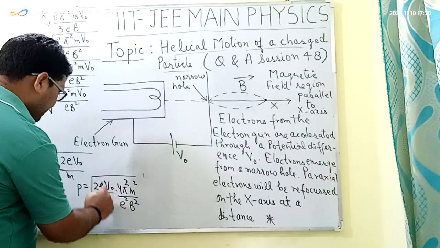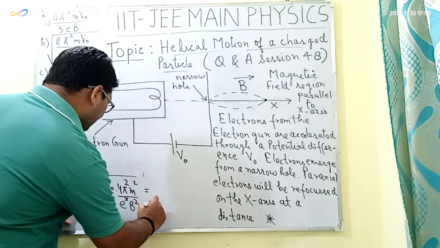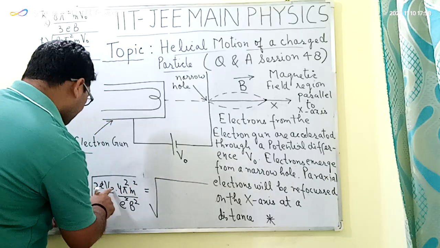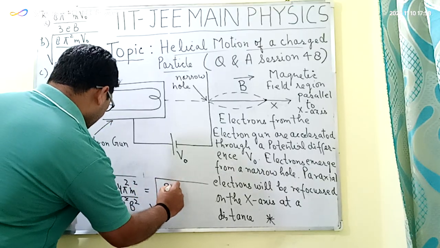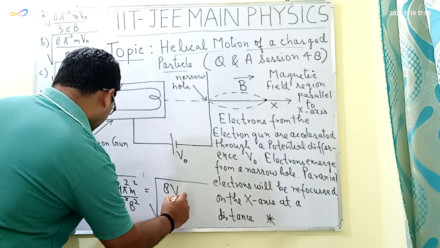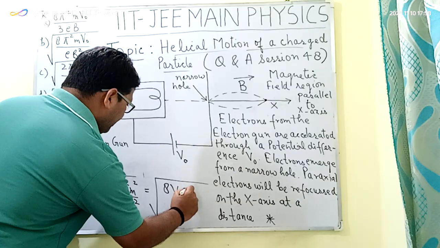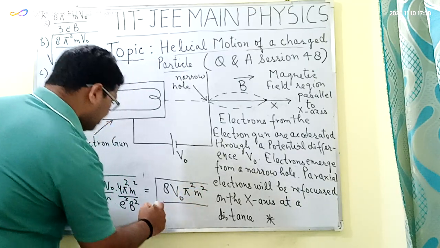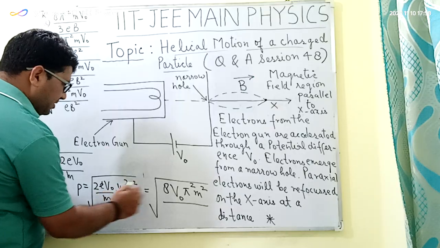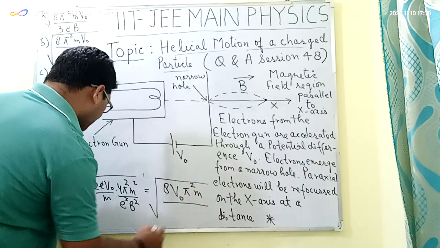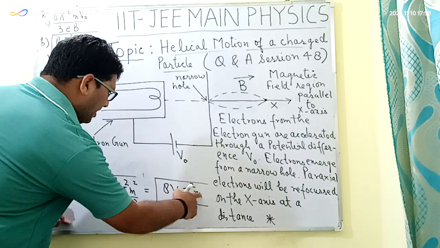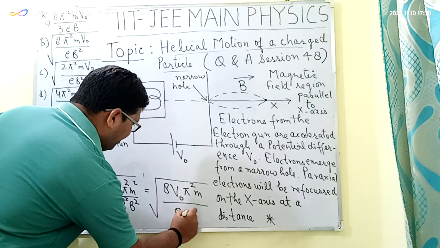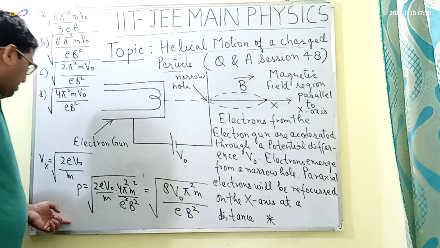So this e and e will get cancelled out. So finally I will be getting the value of pitch as 8 V0 pi square m square, sorry, m square means this m will also get cancelled out. So I will be left with m, divided by e B square.